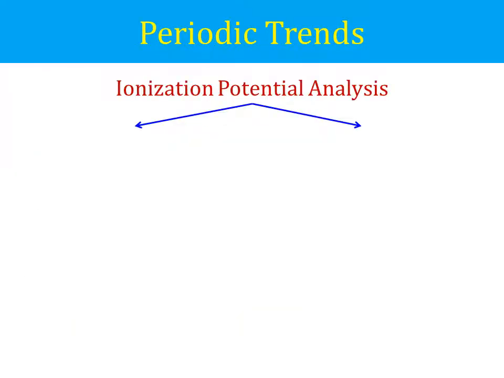Ionization potential analysis. Analysis is of two types, group-wise and period-wise. So when we are going through the periodic table, we have two ways or trends of analysis.